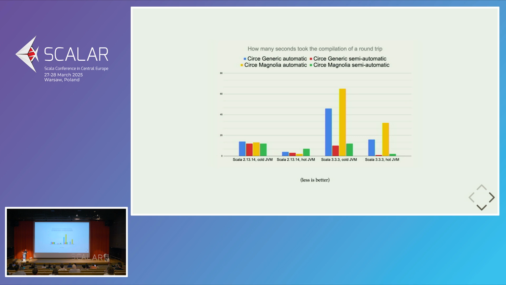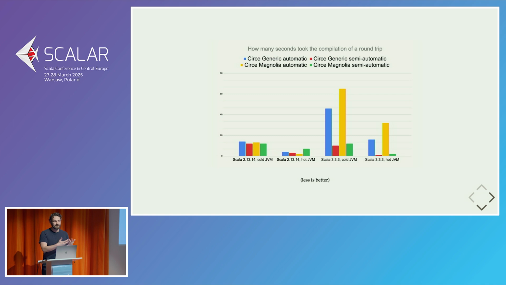And it's easy to explain if you look at the code and see that Magnolia on Scala 2 was implemented with macros. So it only had the overhead of running a macro, while on Scala 3 Magnolia is implemented with mirrors and some macros. So there is all the overhead of working with mirrors, plus some extra overhead of adding the things that are missing from the mirrors. And at the end, it's visible in the benchmarks.